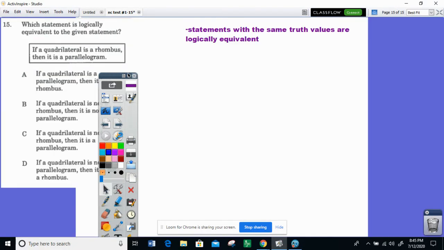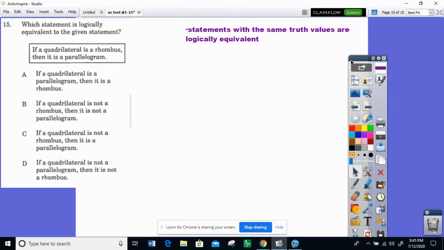All right, let's check out number 15. Which statement is logically equivalent to the given statement? If a quadrilateral is a rhombus, then it is a parallelogram. Well, logically equivalent statements are statements with the same truth value. So let's think about whether this original statement is true or false.